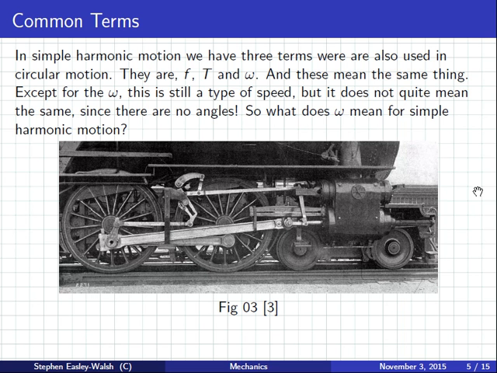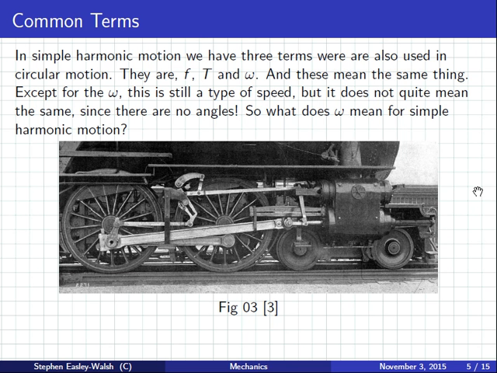So the way I'm trying to explain what the omega means is with this picture. If you look at the wheels, what type of motion is this? Circular motion. And if you look here at this part that's going forwards and backwards, I mean, you all have seen trains before.